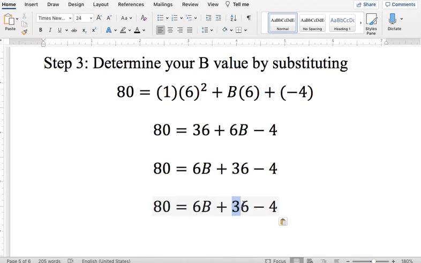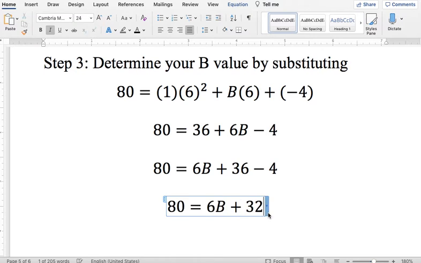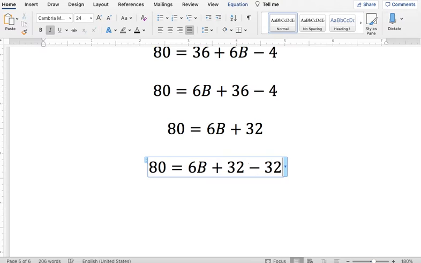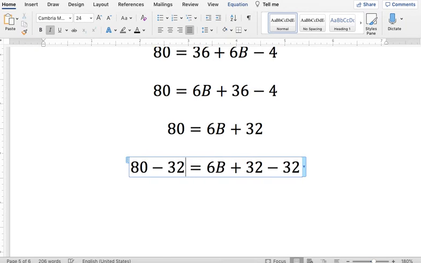And positive 36 minus 4 is 32. In order to solve for b, I need to get rid of this plus 32 and just multiply 6. I'm going to choose to get rid of this first. And by get rid of, I mean get rid of it from the right side where the b is. So I'm going to minus 32 from both sides.